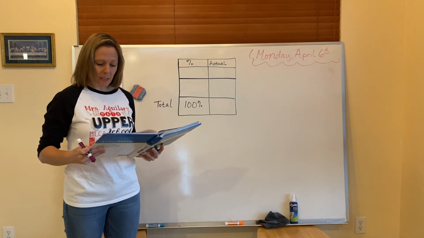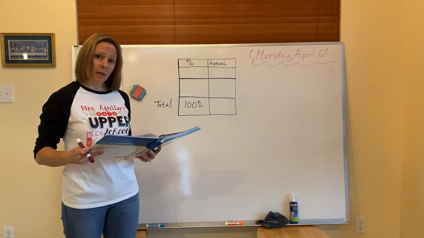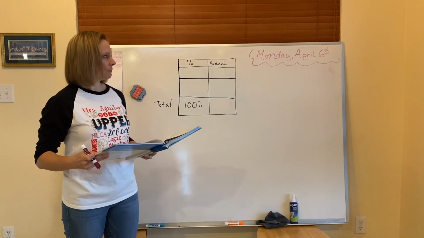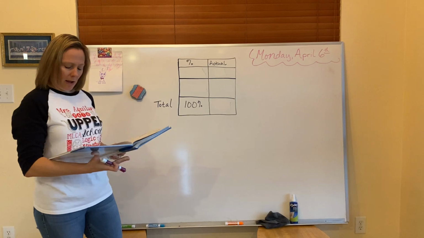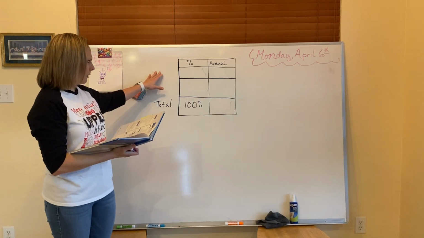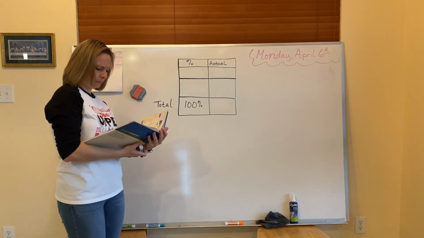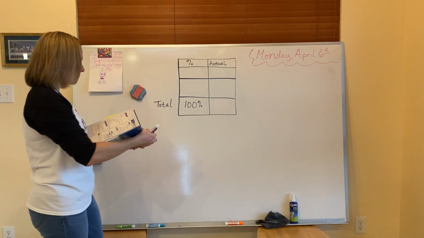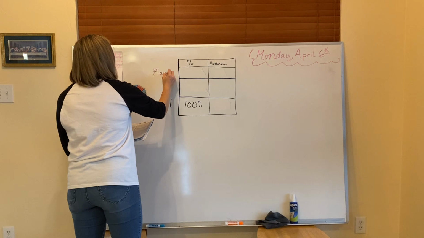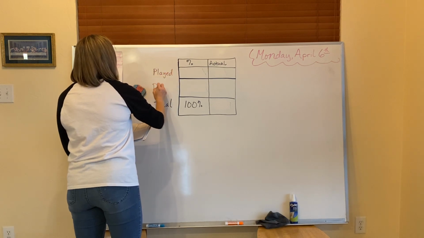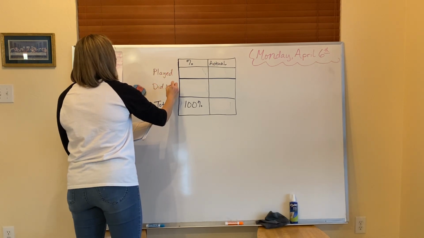If 24 team members did not play, then how many did play? Once again, ratio box, right? So we need to label our columns with played, didn't play. I'll just say did not.